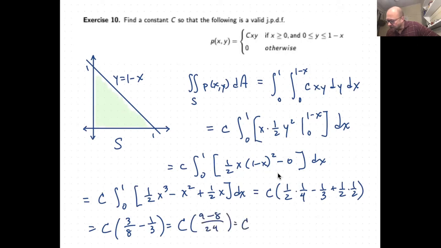So it's c times 1/24. And since you know that that needs to be equal to 1, because that's our purpose here with this joint probability density function, the c needs to be 24, not 4.